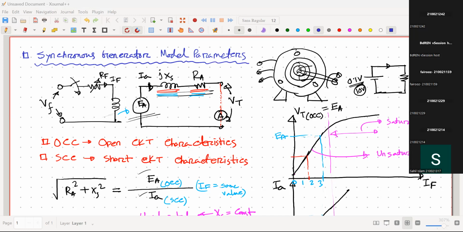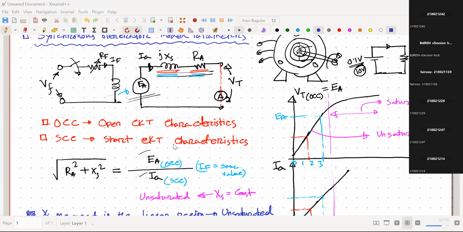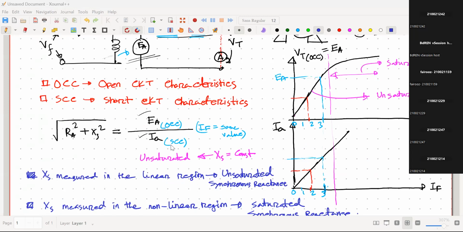Sir, in the diagram, the reactance is a declining exponential curve. But if you see the expression, the square root of Xs squared, Ra can be negligible, so it means Xs.